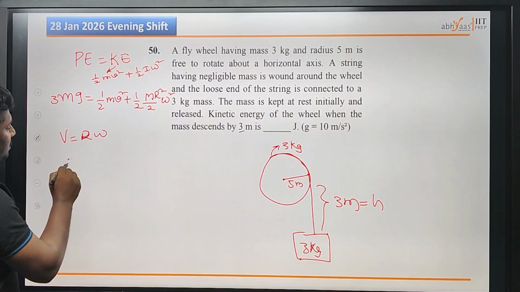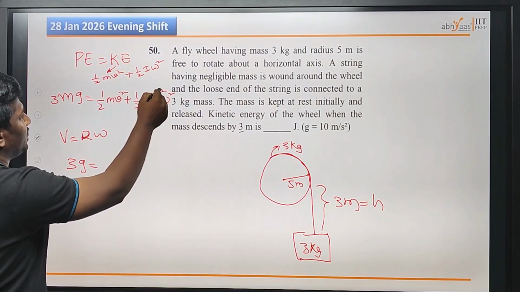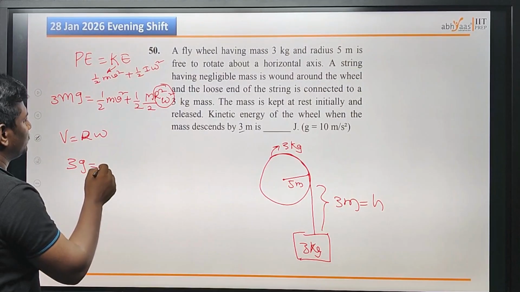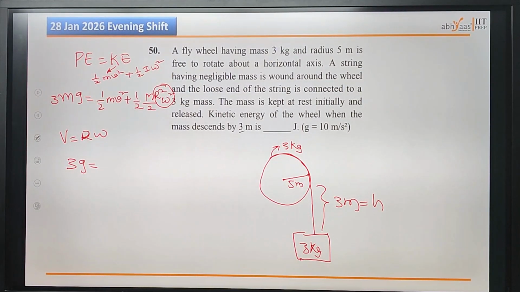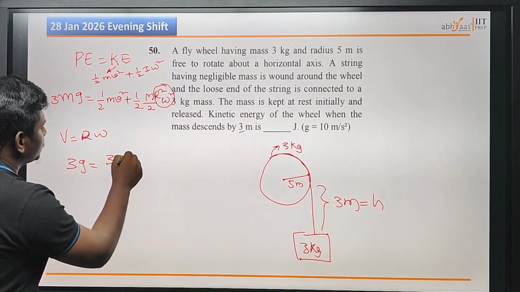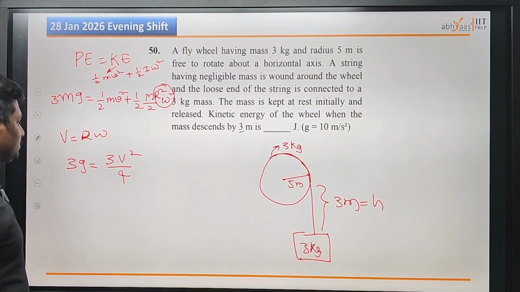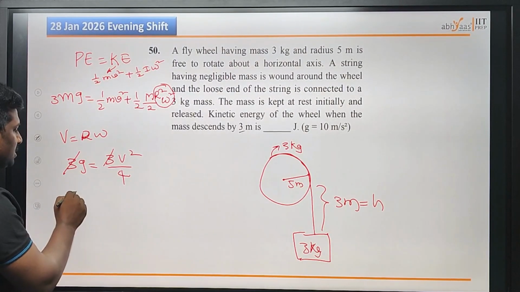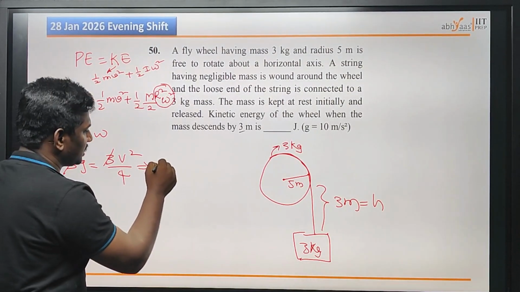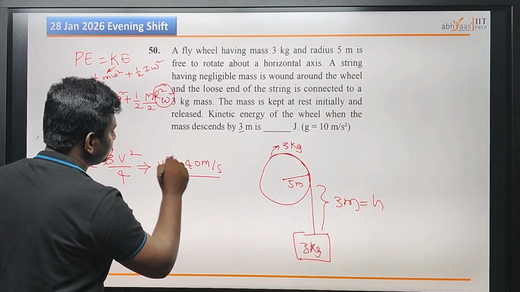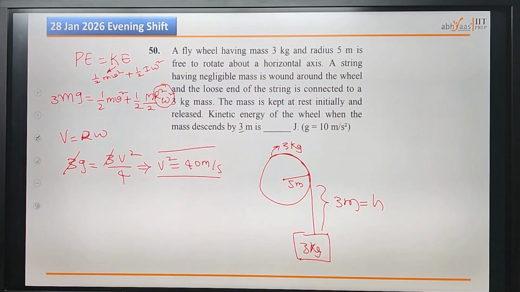So m gets cancelled, 3g equals, take this one, v square 1 by 4 and so, three v square by 4. 3 gets cancelled and g is 10. So v square can be written as 40 meter per second.